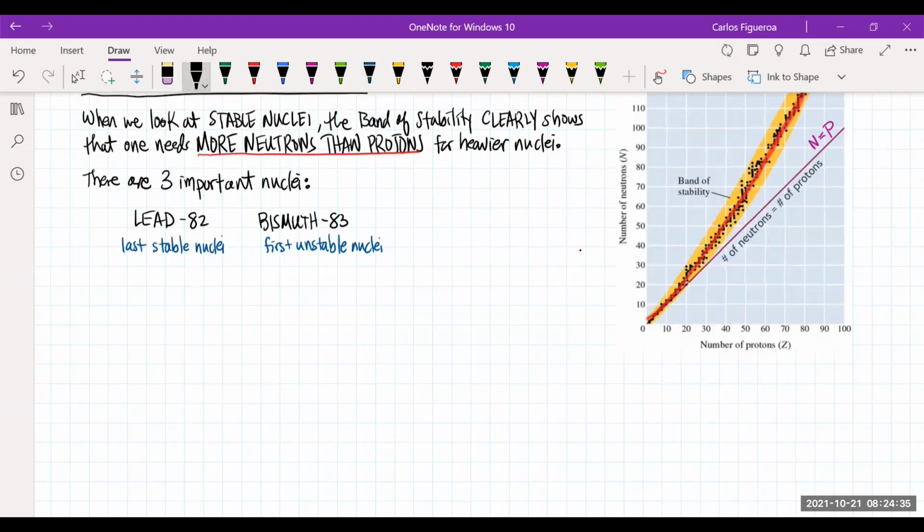And then the next one is uranium. And uranium is 92. So why is uranium so important? It's the last naturally occurring nuclei on Earth.